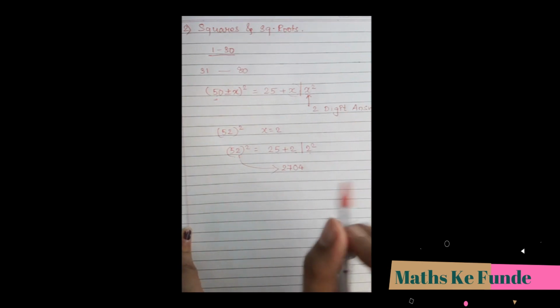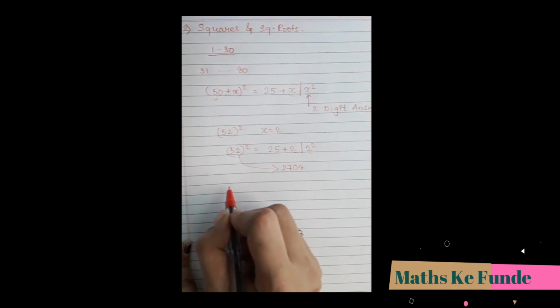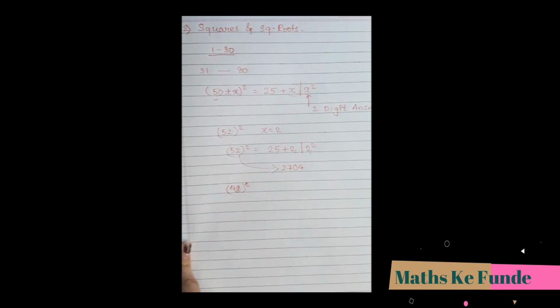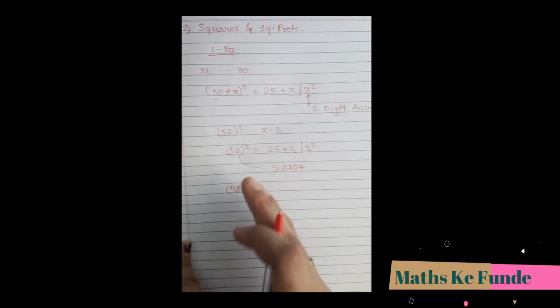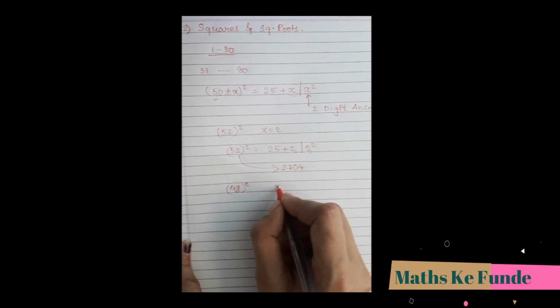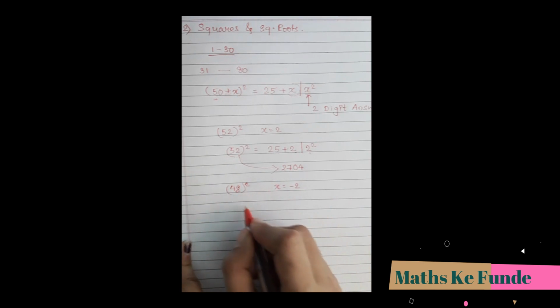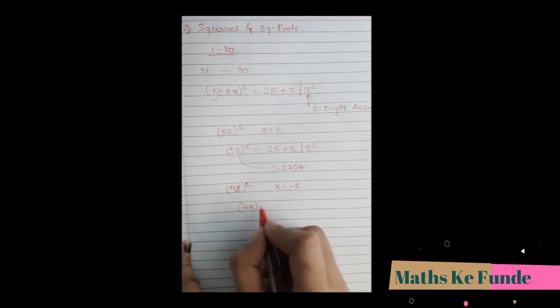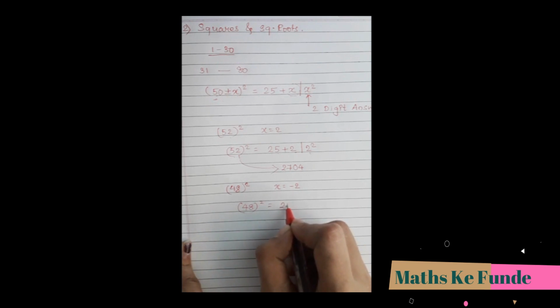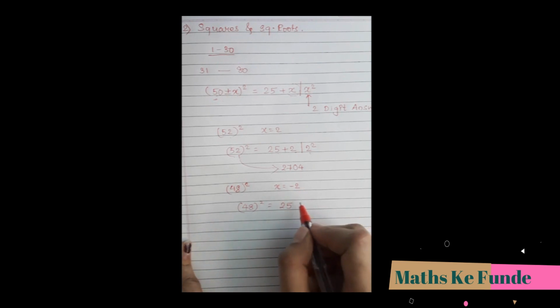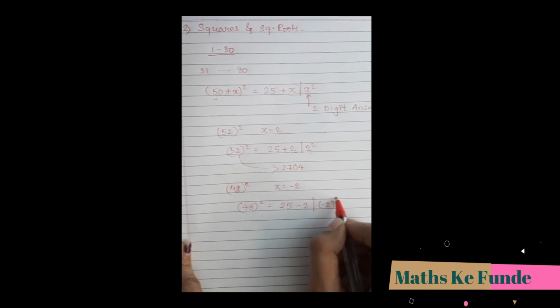Let's try some other example. Let's go with something like 48. Now when I wish to calculate the square of 48, it's a deficit, it's less than 50. So the value of x is going to be minus 2. So 48 square is going to be 25, and since x is minus 2, it's 25 minus 2, slash, minus 2 square.